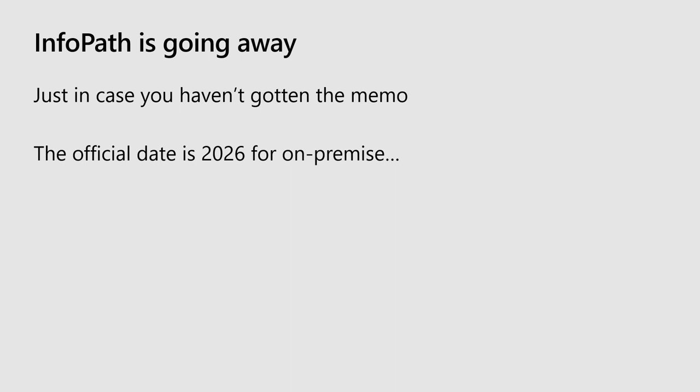With SharePoint Online today, InfoPath works and is supported, yay, but any feature that they don't have a direct replacement for, they can deprecate with 365 days notice. Any feature that they have a replacement for, like InfoPath, they can deprecate with 30 days notice.